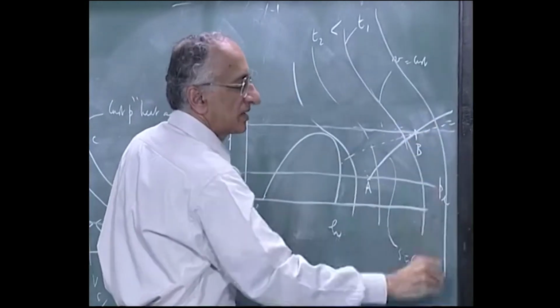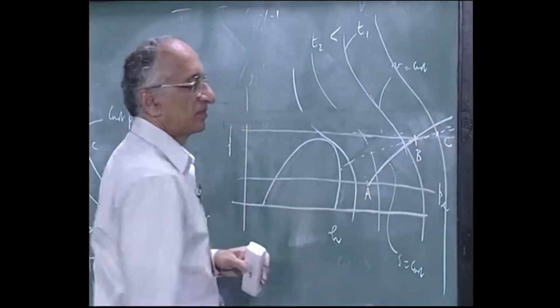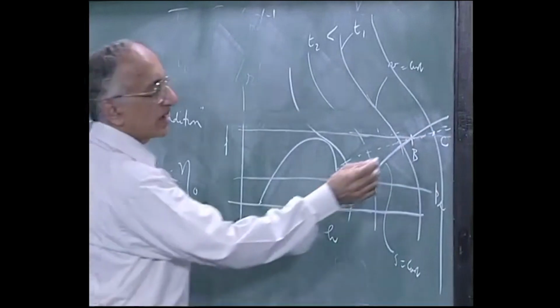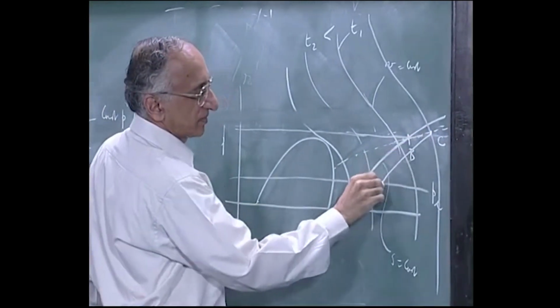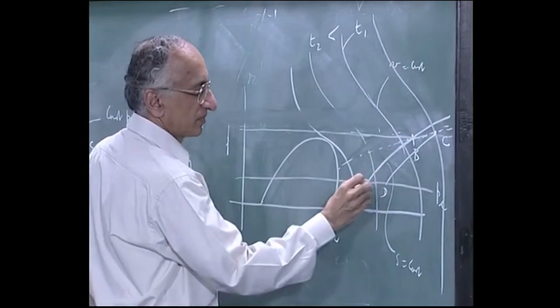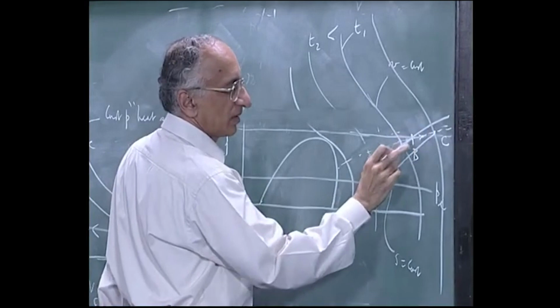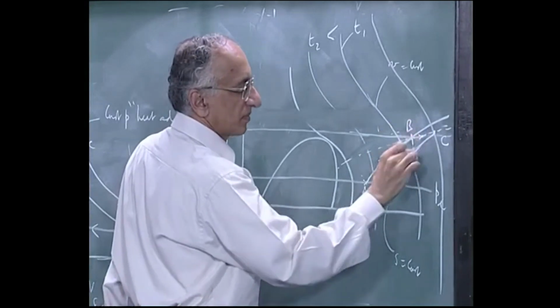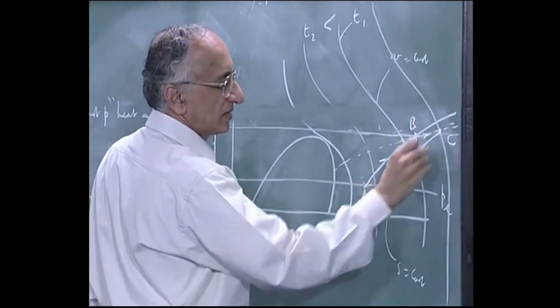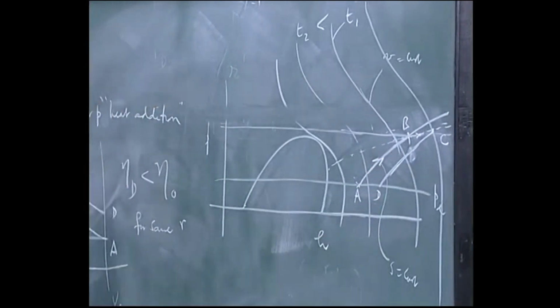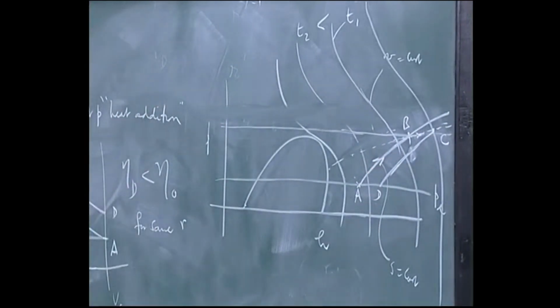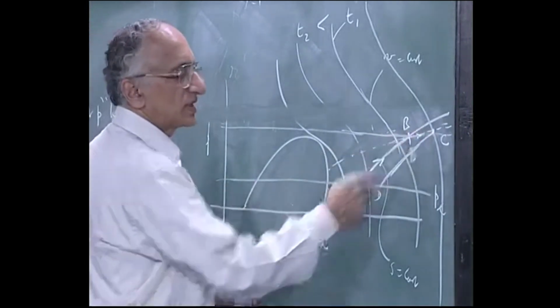So I have some heat addition, so I will go up to this point C and then come back along an adiabatic, this is D. So A, then B, B to C, this is C here, and then D. This heat addition is what you have to know, you have to know how much heat is added during that process.